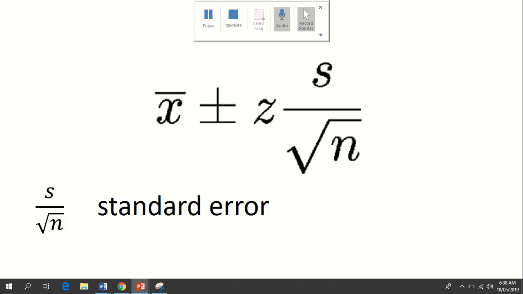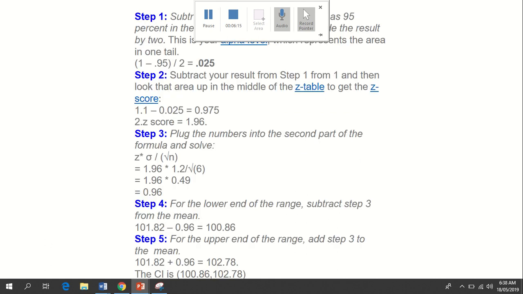I substitute the z-score in the formula, where it is mean plus minus z-score times s over root n, where s over root n is the standard error, a measure of dispersion, or how far away the sample mean is from the true population mean. I substitute it back in and I will get my confidence interval, and that's it.